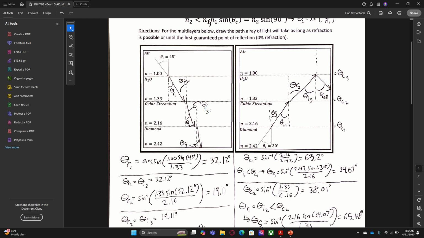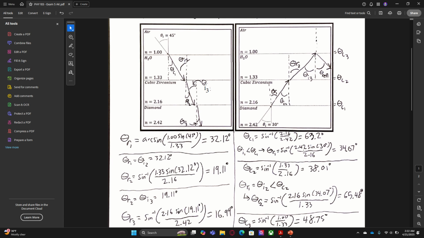Theta R1 would be this angle here, which is going to equal theta I2, the angle as our ray is approaching this next boundary of water. Water has a lower refractive index than cubic zirconium, so we're going to need to calculate theta C2, or the critical angle between water and cubic zirconium. Well, theta C2 will be sine inverse, or arc sine, of N2 over N1.